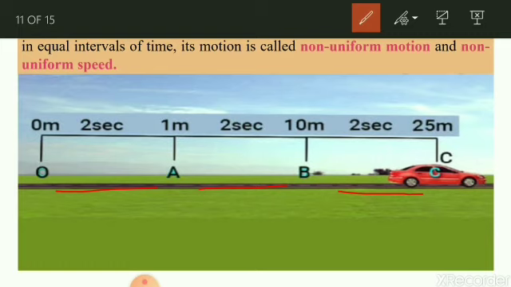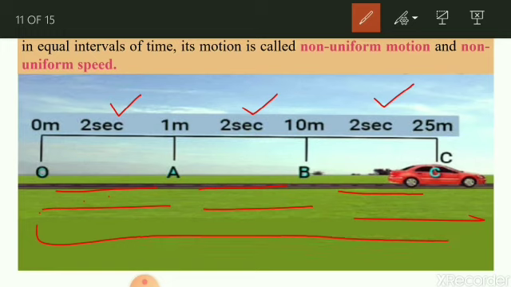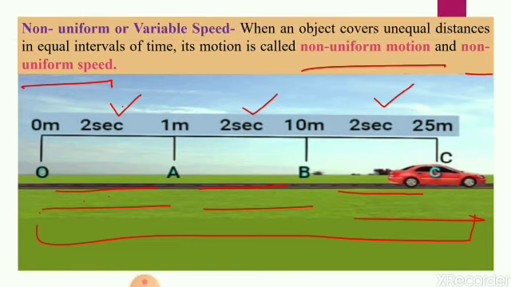The first distance is covered in 2 seconds, the second distance, 9 meter, is covered in 2 seconds, and the 15-meter distance is covered in 2 seconds. Here distances are unequal and time intervals are equal, so its speed is called non-uniform speed.